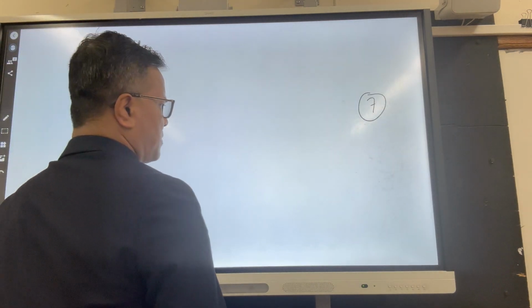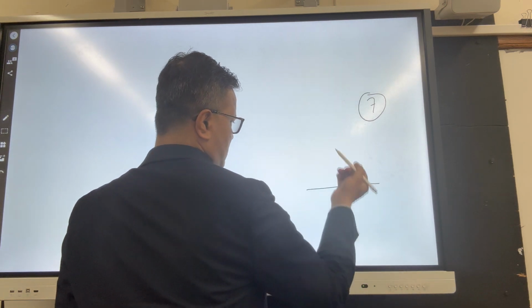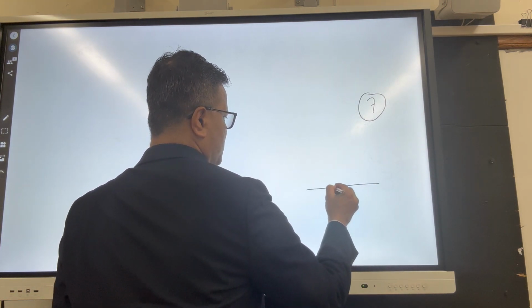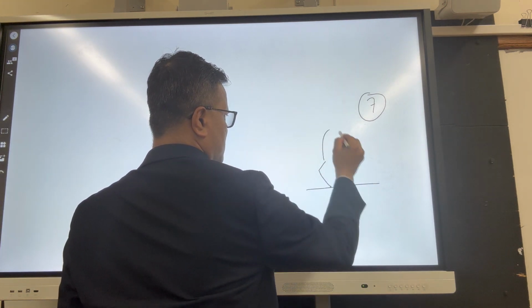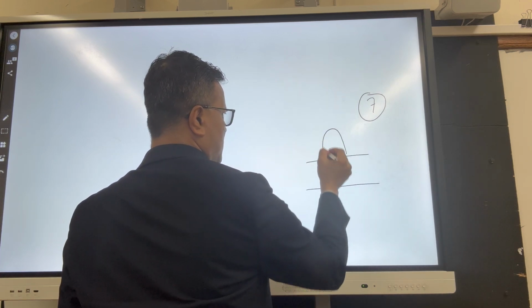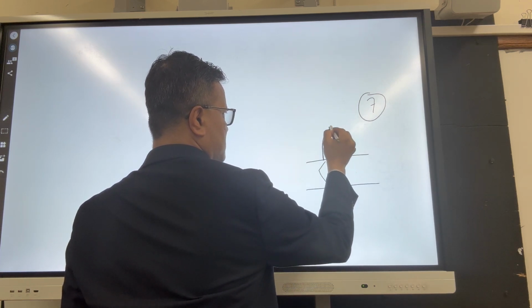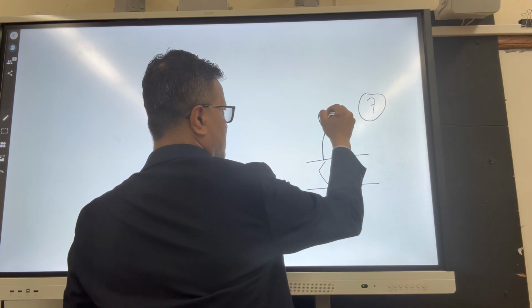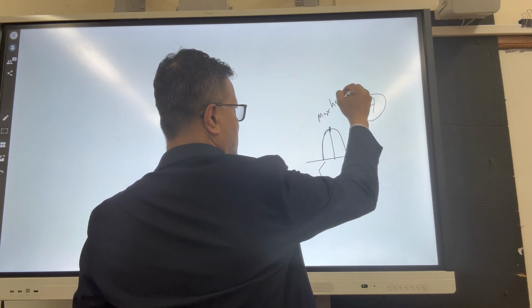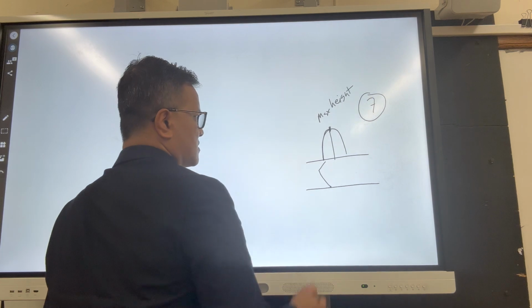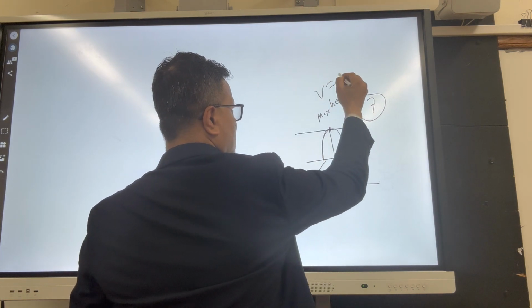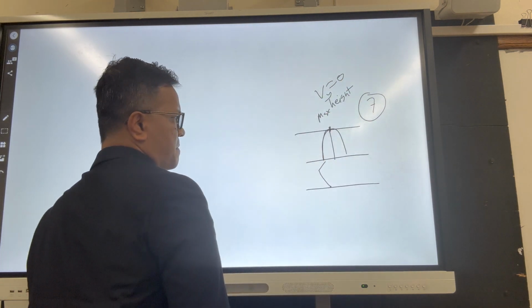So a basketball player jumps, or George jumps, it doesn't matter. You remember George jumps, right? When you jump, this is your maximum height. At max height, velocity is 0, of course, in the y direction.